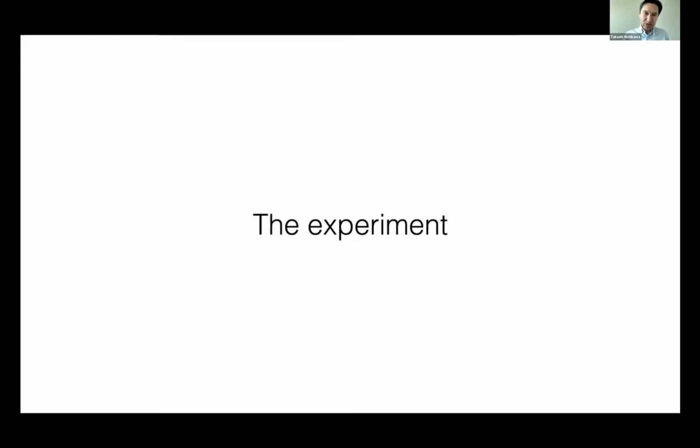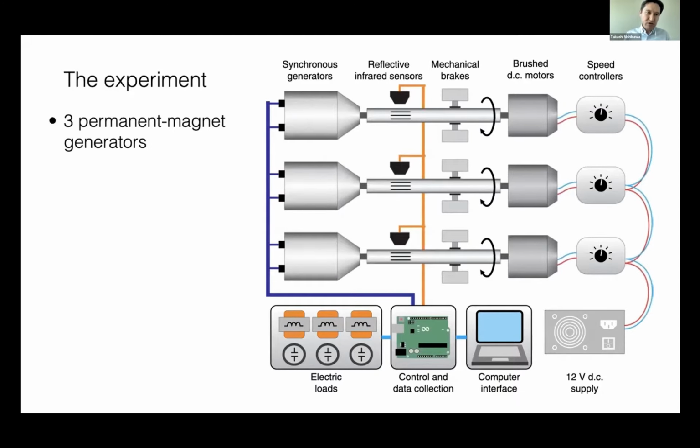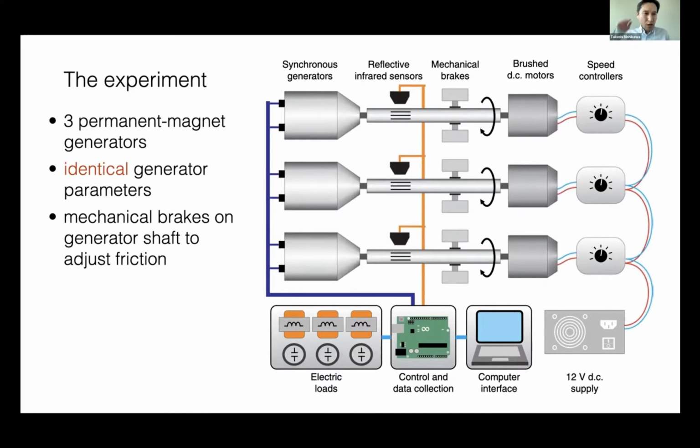The experiment first. This consists of 3 permanent magnet generators. They're chosen to be identical within the experimental constraints. And to control the tunable parameter, in this case the damping coefficient, we put mechanical brakes on those generator shafts to adjust friction.